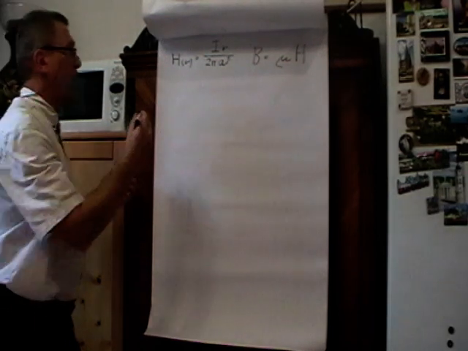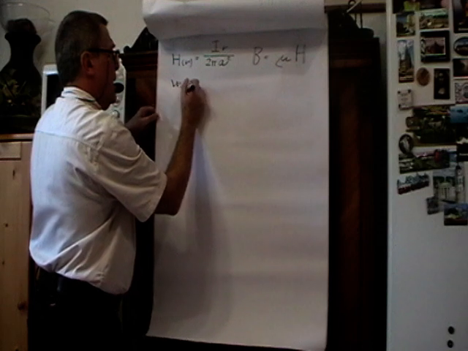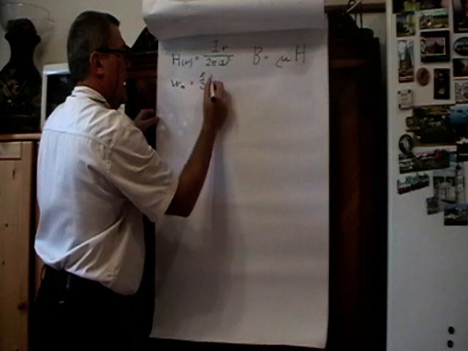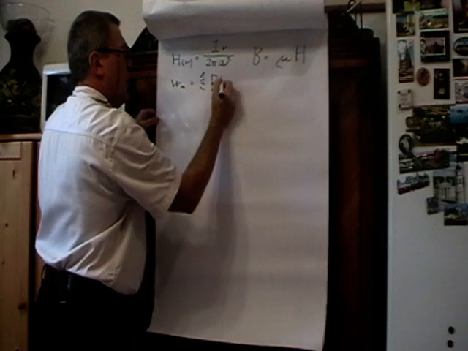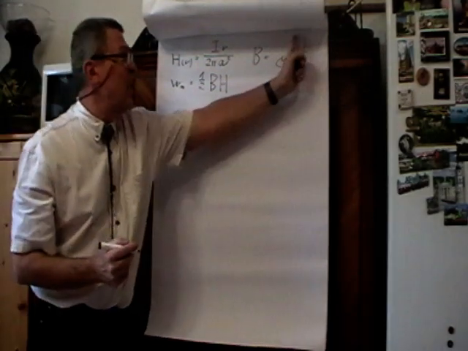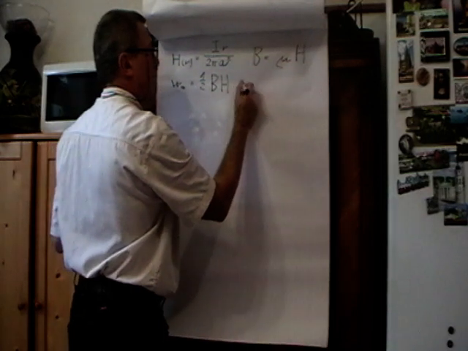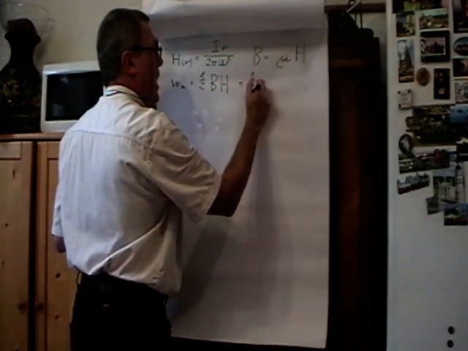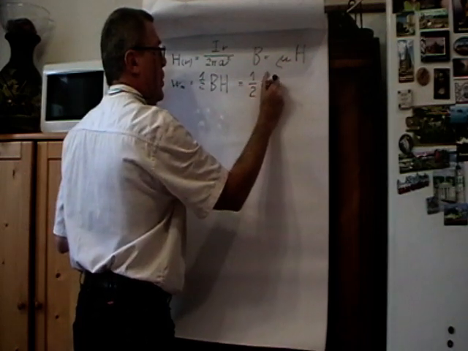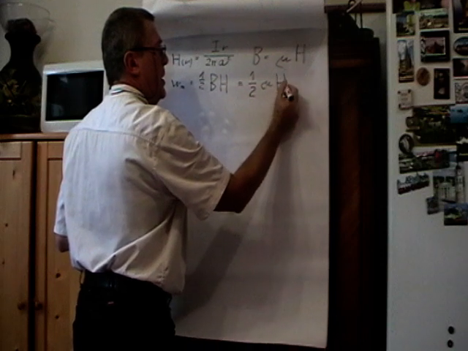And now we know that the energy density is 1/2 of the product B H, which in this case, due to linearity, could be simplified to 1/2 of mu times H squared.